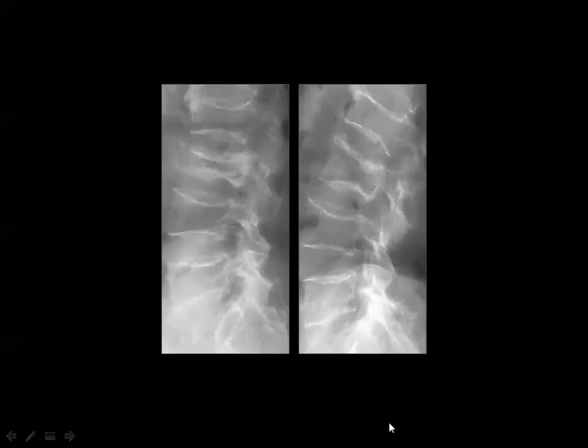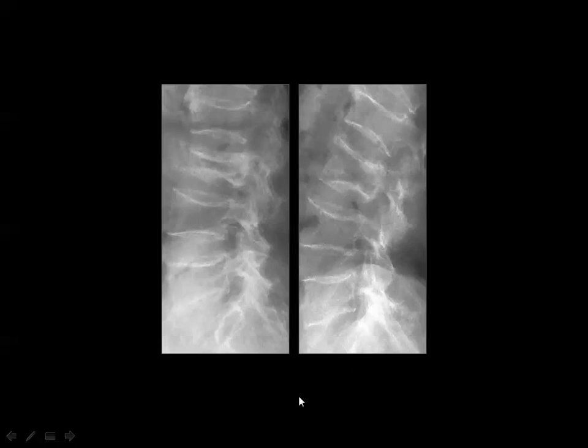And if you look at this lateral X-ray of the lumbar spine, you see that there is evident osteoporosis in the form of marked decreased bone density of the cancellous bone, thinning of the cortex, and multiple vertebral fractures manifested by loss of height of the affected vertebrae.